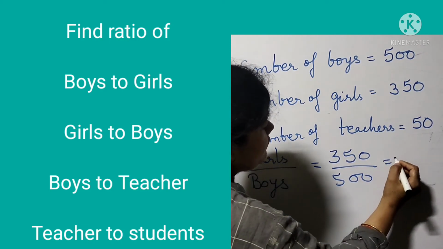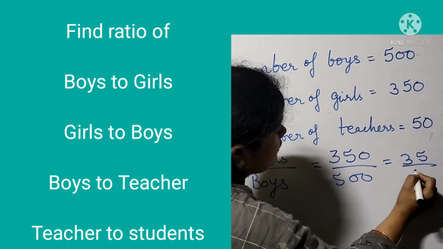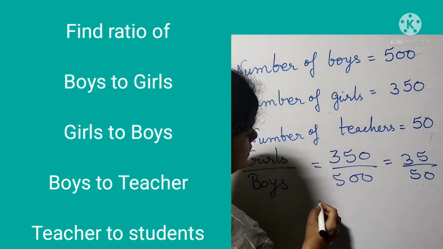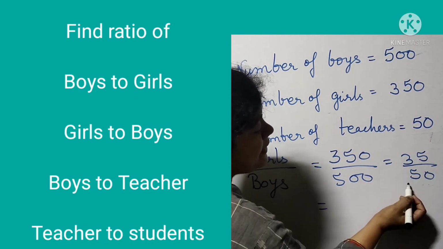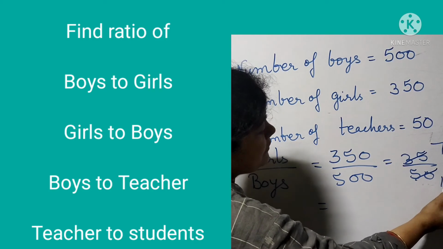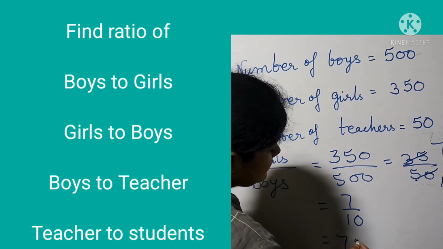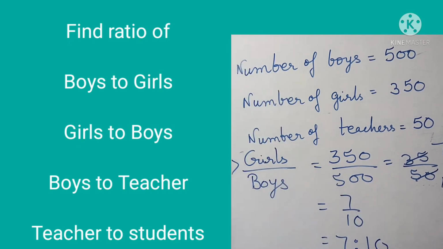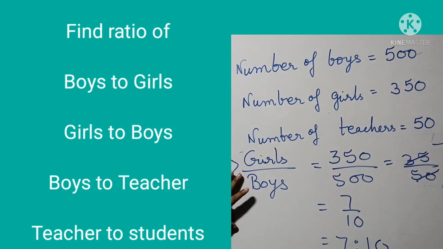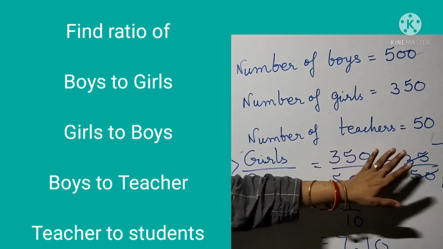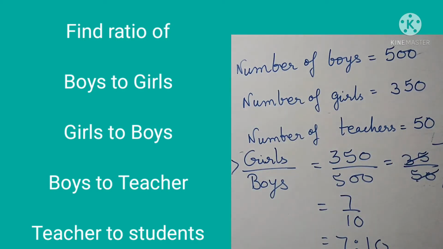Then in the same way, when we solve, we get 35 over 50. And when we solve in the simplest form, dividing by 5, 5 7s are 35, 5 10s are 50. That means 7 by 10. Now our ratio becomes 7 is to 10. That means the thing which is asked in the question, according to that we have to find the ratio.